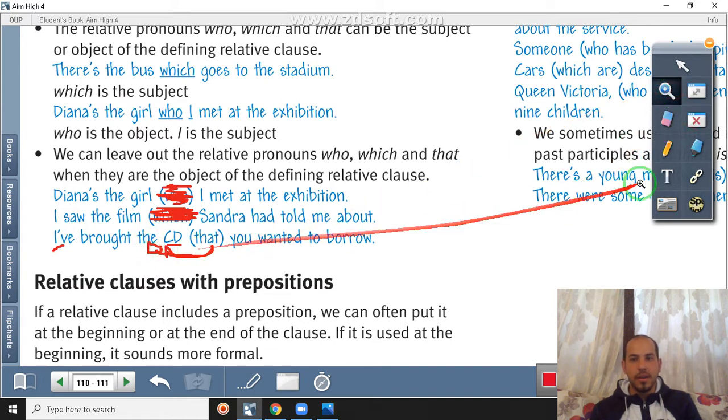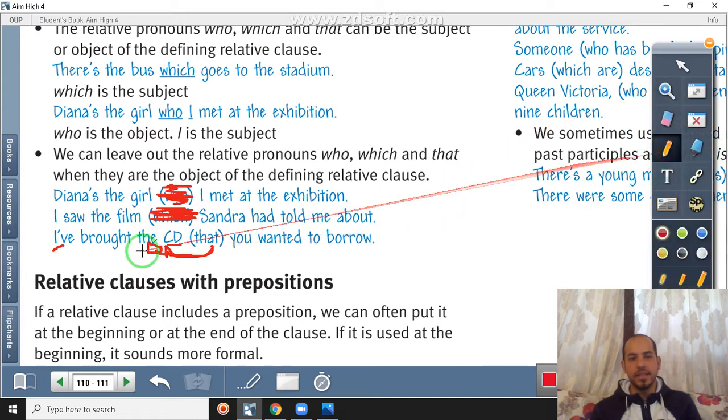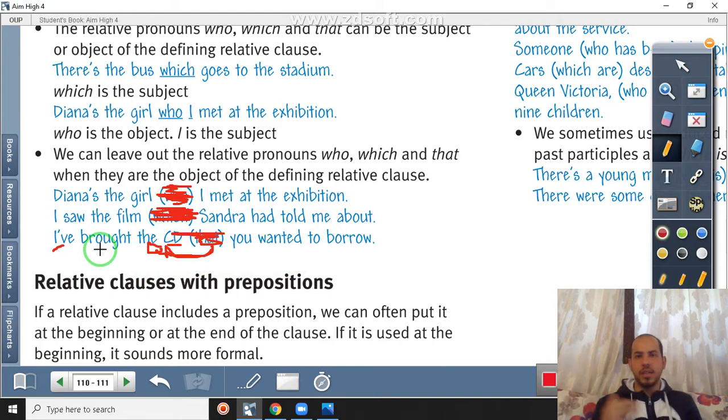So I can read the sentence without using that. I can say, I have brought the CD you wanted to borrow, without using that. So in brief, the relative pronouns who, which, and that could be omitted, deleted, if they are in the place of the object.